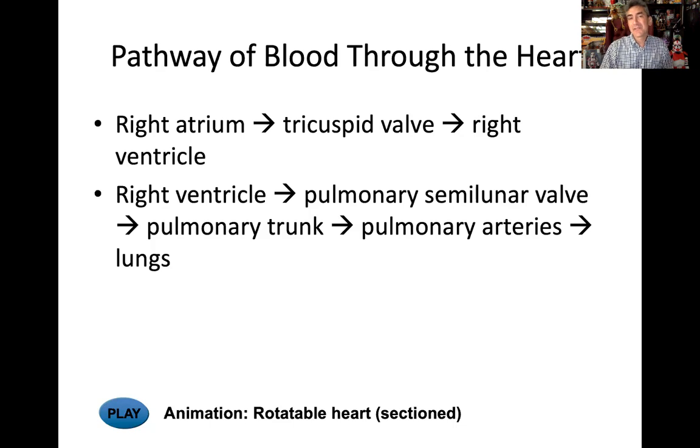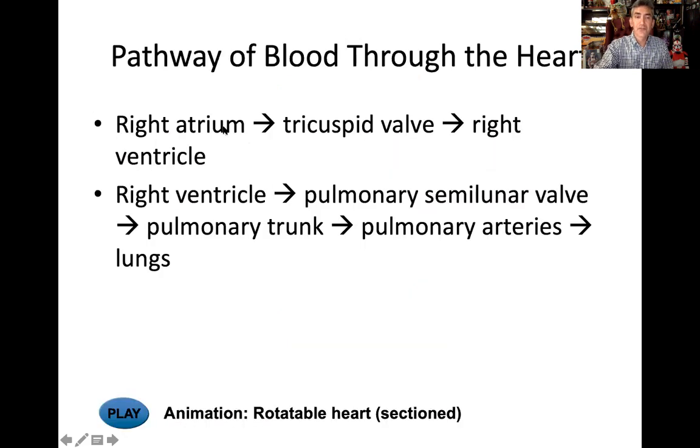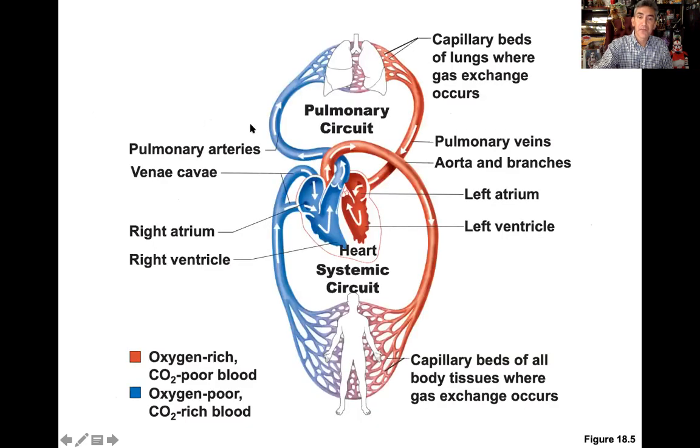But it's pretty standard to start at the right atrium. So we're going to start right here at our right atrium. So the right atrium receives blood from three parts, if you remember. From the top, we receive blood from the superior vena cava. From the bottom, we receive blood from the inferior vena cava, and from the coronary circulation, from the coronary sinus.